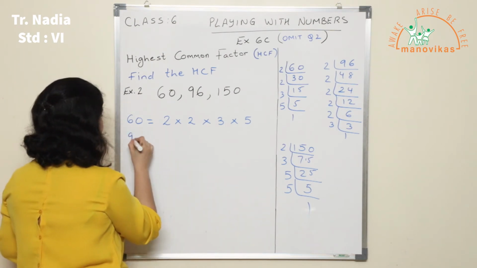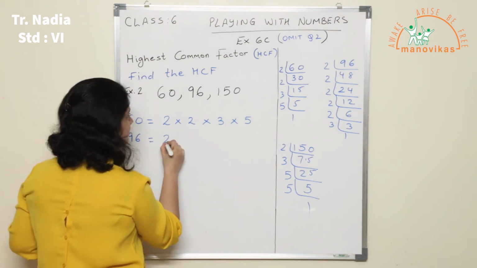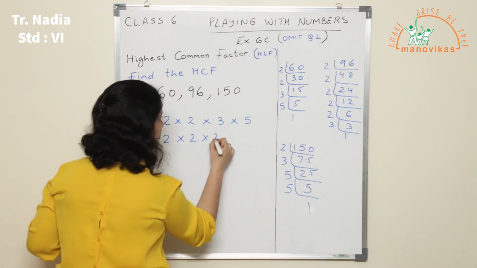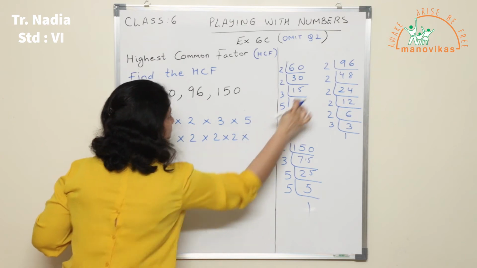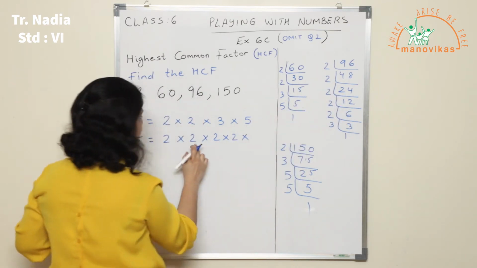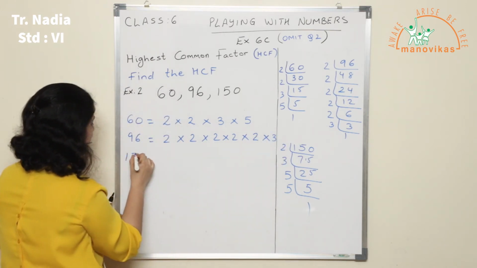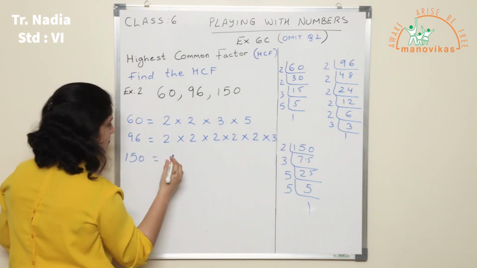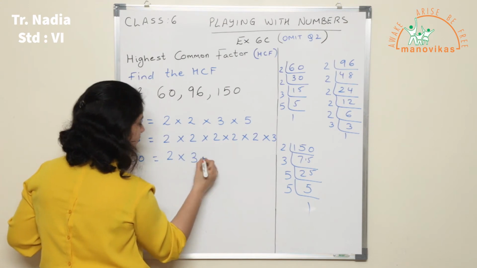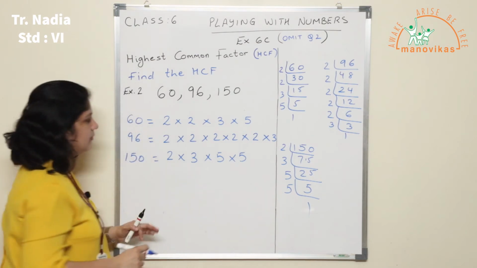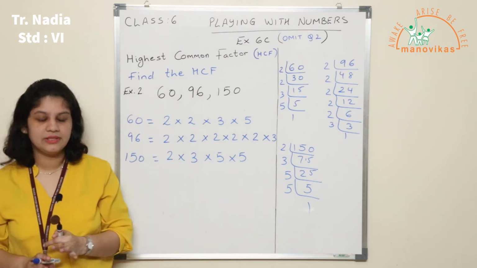Then we have 96: 2 multiplied by 2 multiplied by 2 multiplied by 2 multiplied by 2, multiplied by 3. Okay, so this is what the numbers look like.